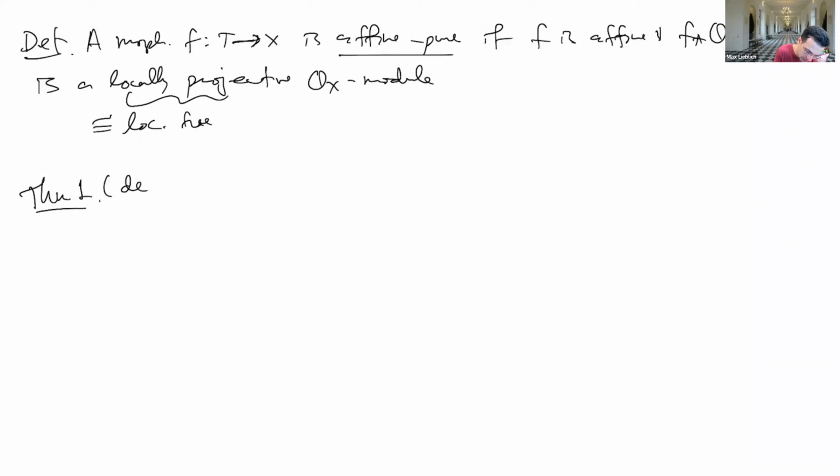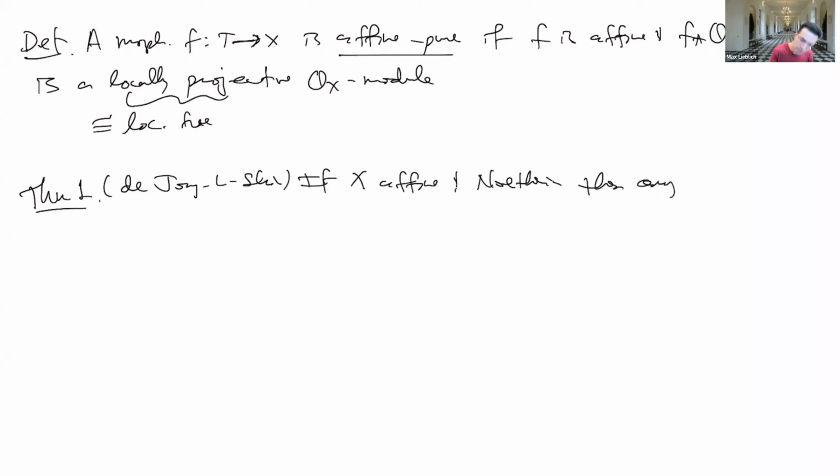This is the analog of Gabber's theorem. If X is affine and Noetherian, then any alpha in H^2(X, G_m) is the class of some infinite Azumaya algebra.